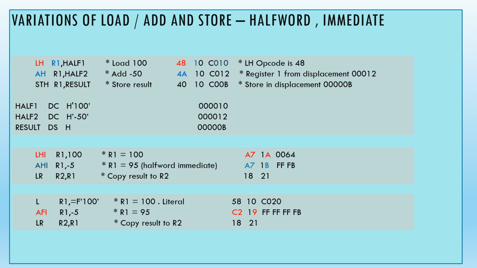Let us assume the starting point of our program's address is 0. That means 0 gets loaded in register 12, and off1 is a variable sitting at a distance of 0010 from the starting of your program. Similarly, off2 is sitting at 0012 from the starting of your program, and result is stored at 000B.